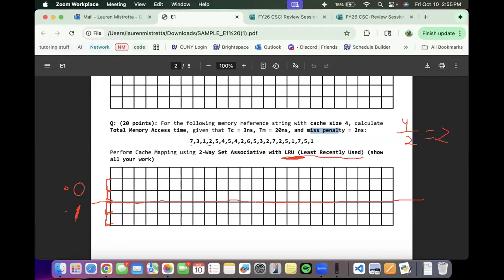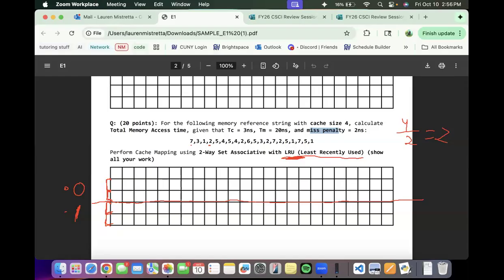If I said that I had 1 big set, that's literally just LRU, exactly what we did before, one least recently used queue. Now with this, it's perfectly in half, so we're going to have exactly half on the top and half on the bottom.